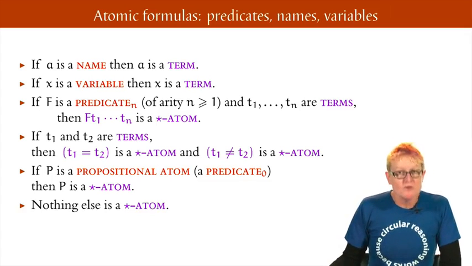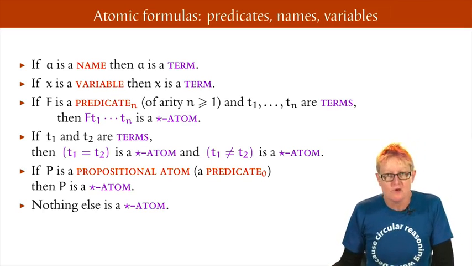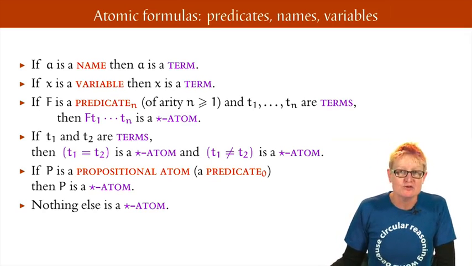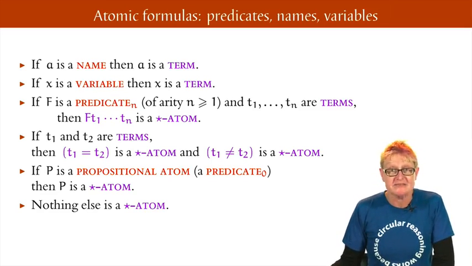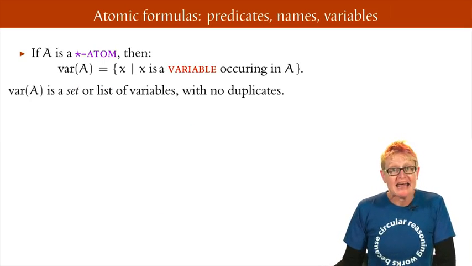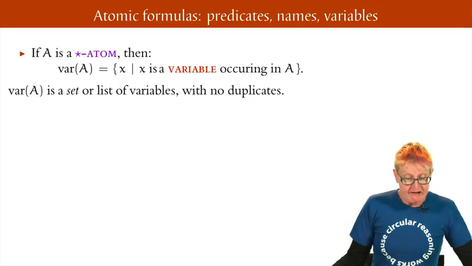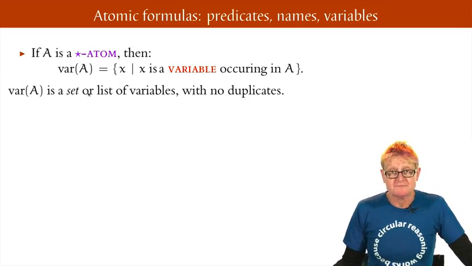Now, it's important to note that because of the presence of variables, star atoms in general are not real formulas and do not express propositions that are either true or false in any model interpreting their predicate and names in them. Now, for a star atom A, let var of A be the set of variables occurring in A, without duplication.